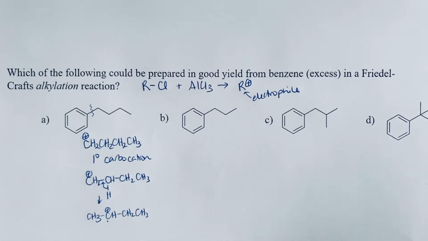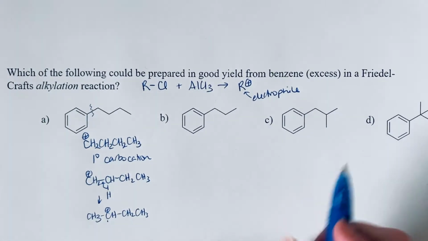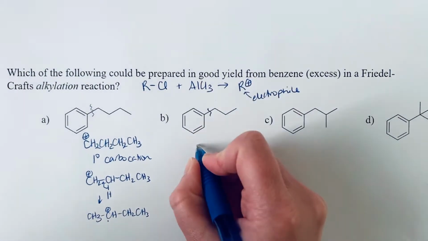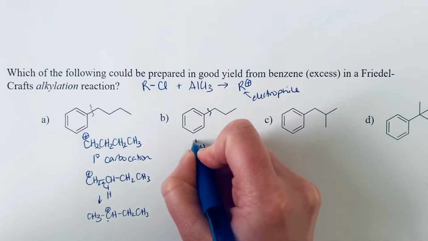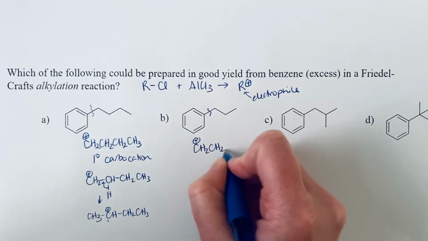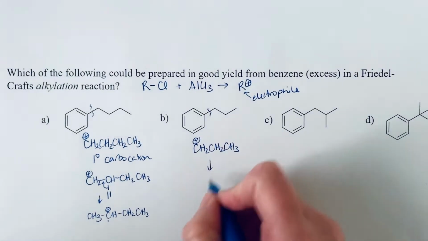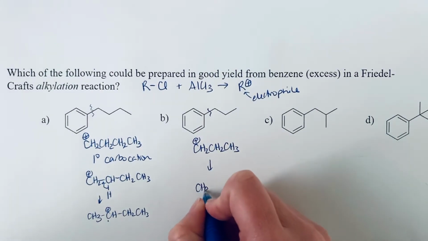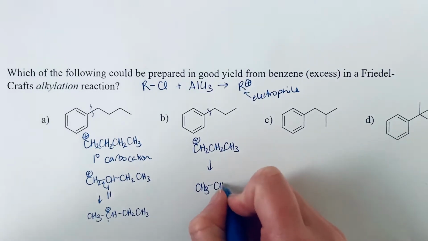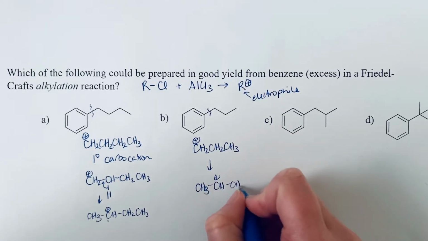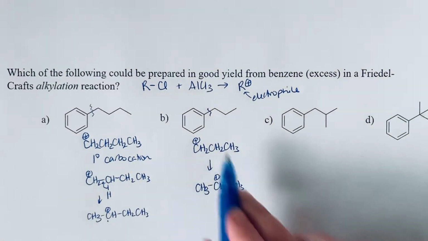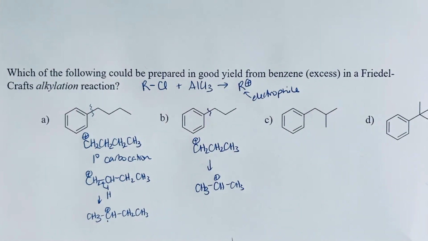Anytime you try to put a straight carbon chain, you're going to end up with that same sort of problem. So this would be the carbocation that you would be requiring, but that would right away rearrange in the same way that we saw in A, to an isopropyl group. So you'd end up putting an isopropyl group on that benzene ring instead.